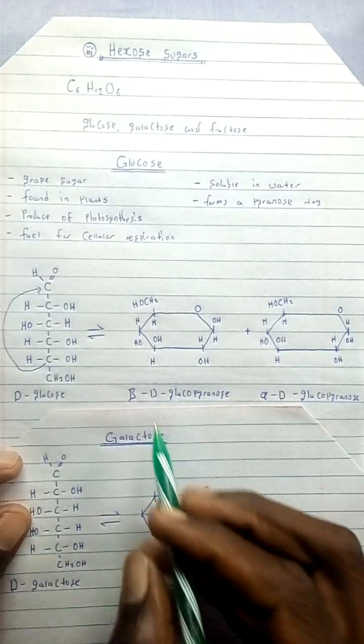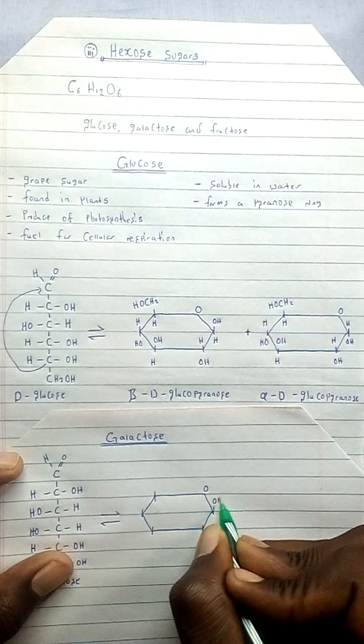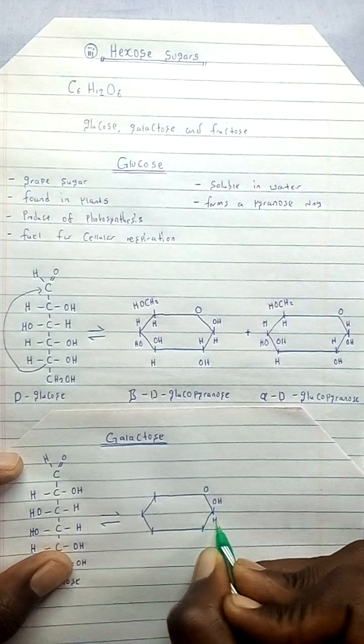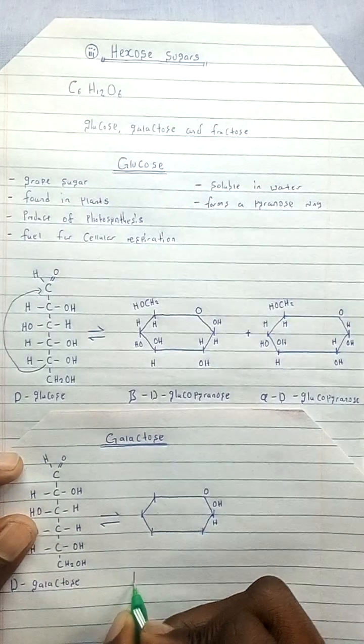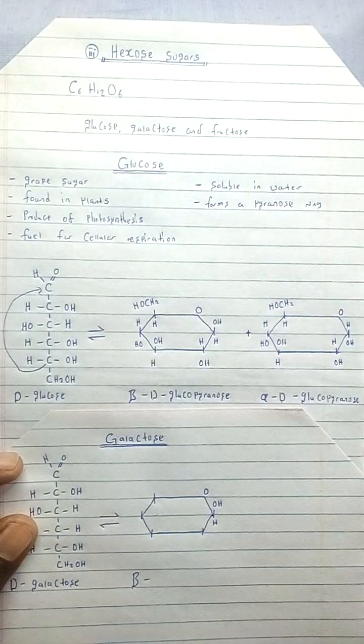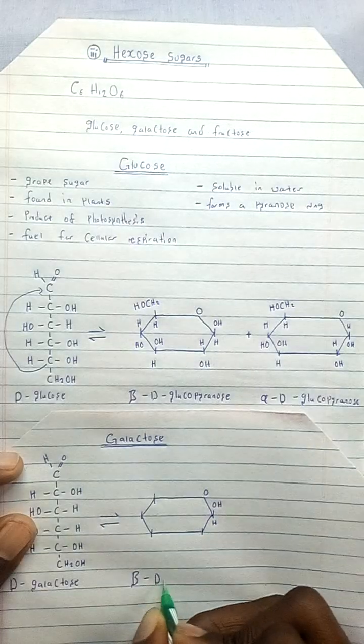When the OH is on top here at carbon number 1, this becomes the beta form. So it will be beta, since this is a D form.